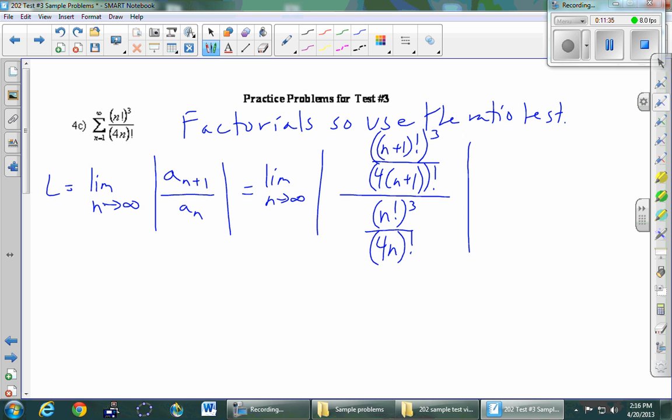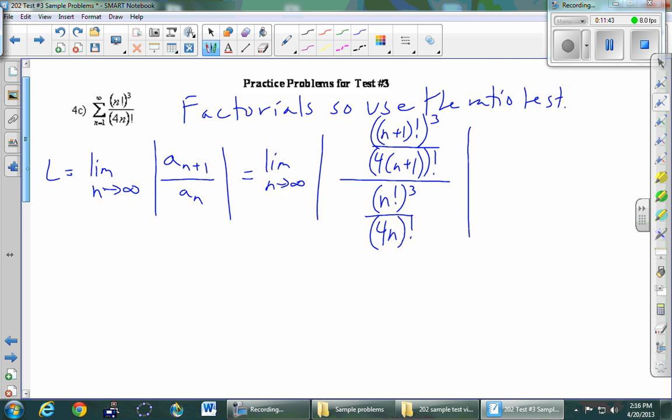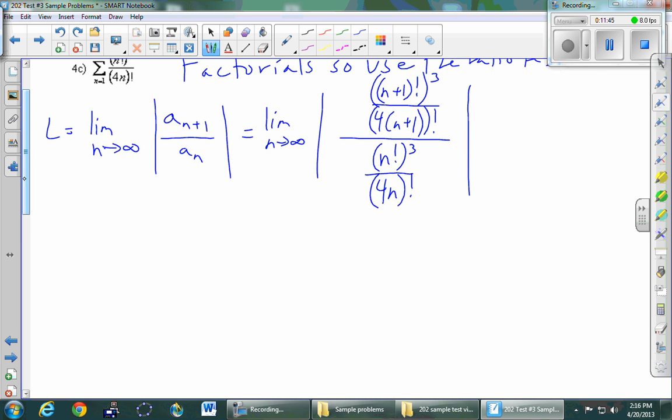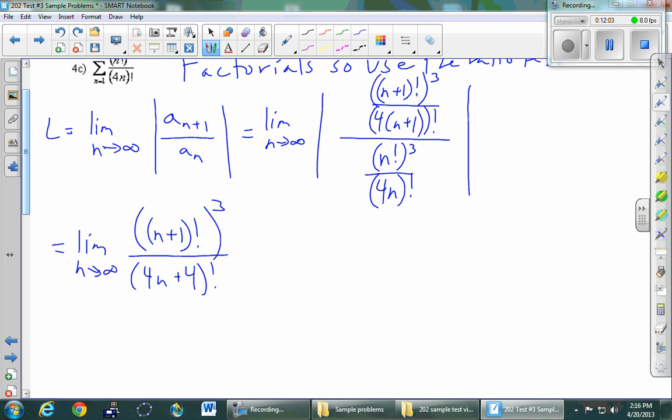Okay, so let's clean this up some. So I'll write the n plus 1. I'm going to run out of space, so let's go down here. So this equals limit n approaches infinity of. So upstairs we have n plus 1 factorial, and it is cubed, divided by, I'm going to go ahead and distribute that, 4n plus 4 factorial.